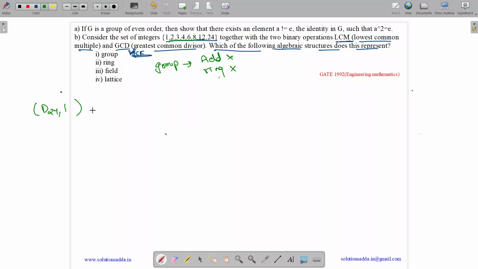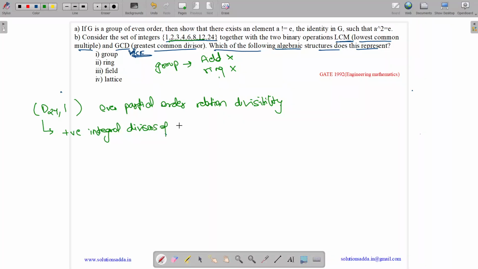So what is the meaning of D24 comma divides? It is over the partial order relation, divisibility, where D24 indicates the positive integral divisors of 24. So let us try to draw the map for this. The map will look something like this. Here we have 1, then we will have 2. I will explain this map.